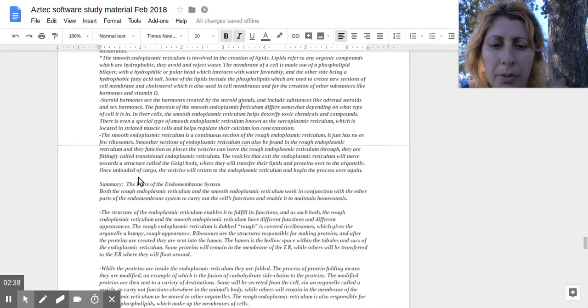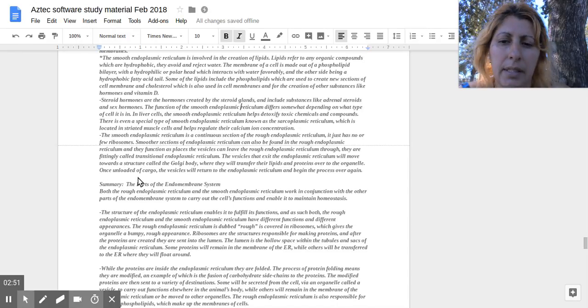So all the proteins from the rough ER and the lipids and steroid molecules from the smooth ER are carried to the Golgi body.